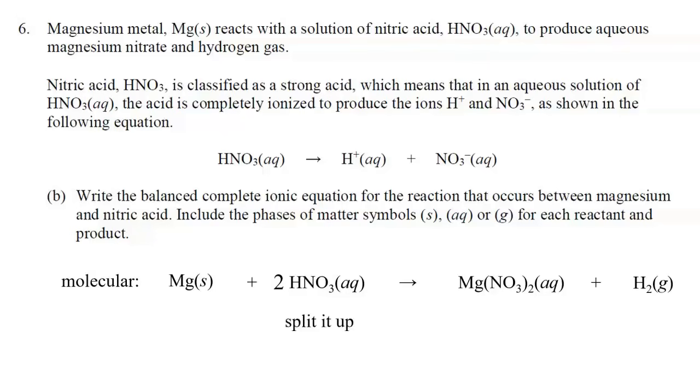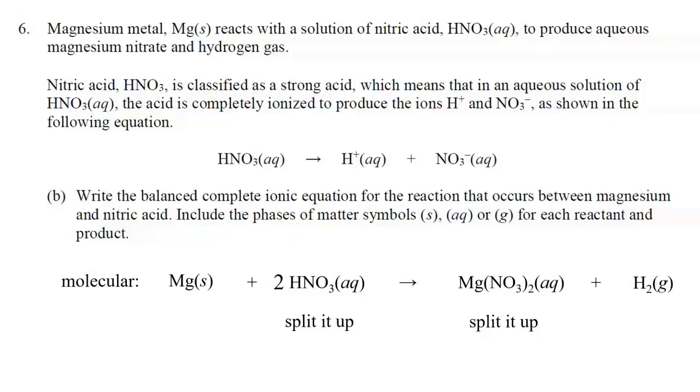You have already learned that when an ionic compound that contains usually a metal and a nonmetal, or more generally a cation and an anion, is dissolved in water, it also is split up into separate ions. So to write the complete ionic equation, we're going to split up the nitric acid into H+ and NO3-, and we're going to split up the magnesium nitrate into Mg2+ and NO3-.